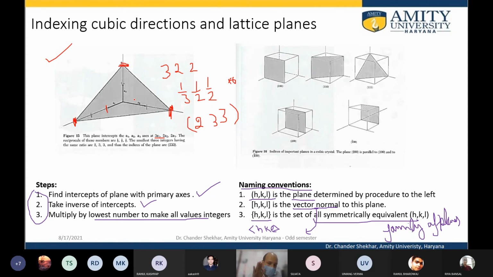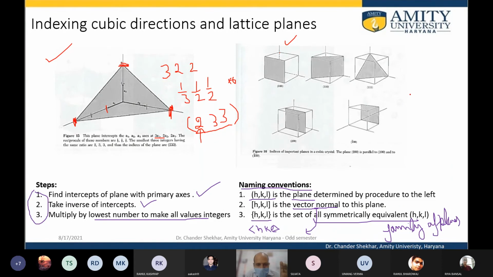For example, on the right hand side, I want to take the same plane. So the same plane with the Miller indices 2 3 3, what does it represent? Suppose along the x-axis it is 2, so the intercept along the x-axis divides.